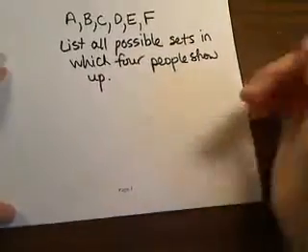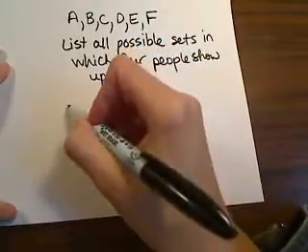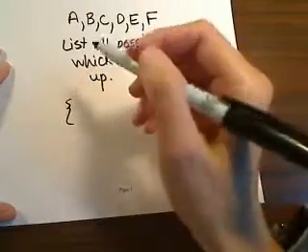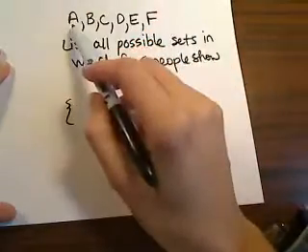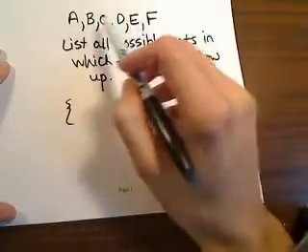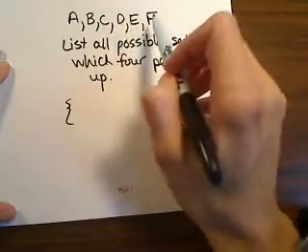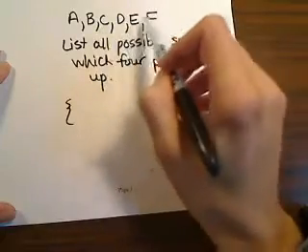Okay? All right, so literally what you're going to do is just list this, and you can go through each of them. You can say, let's take A and combine it with all possible combinations of all the rest of them. And then let's take B and combine with what hasn't been done yet. And then take C and so on.